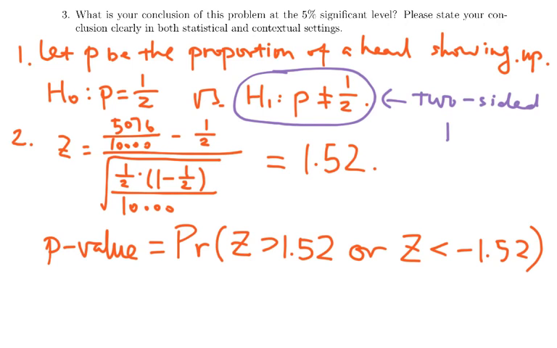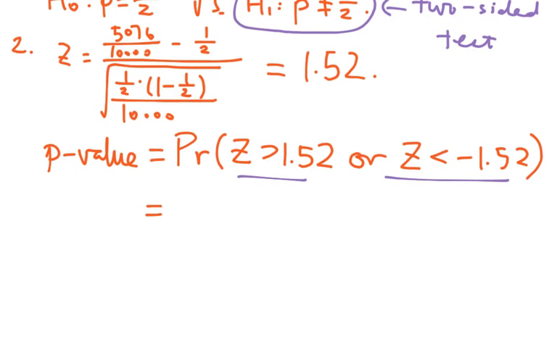So here we have a two-sided test. So the p-value will have to consider both directions. So basically this is equal to 2 times the probability of z greater than 1.52 by using the symmetry of the normal distribution.